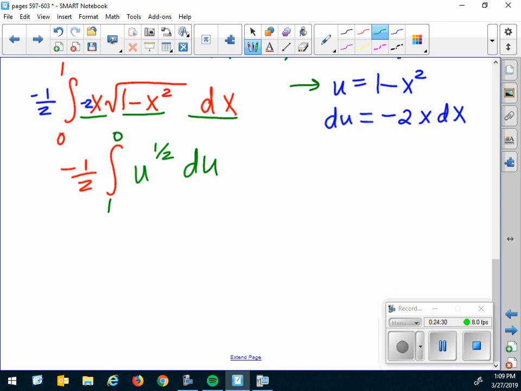Are you okay that this 0 and this 1 are the limits of integration with respect to x because I'm doing it with x? I've changed all my variables to u. So now it's an equation with respect to u, not x. So I've got to make those limits be u limits, not x limits.